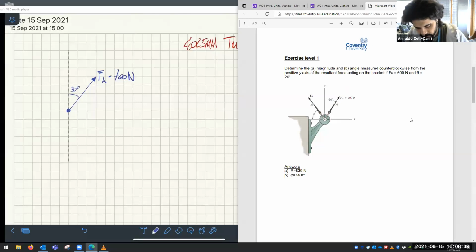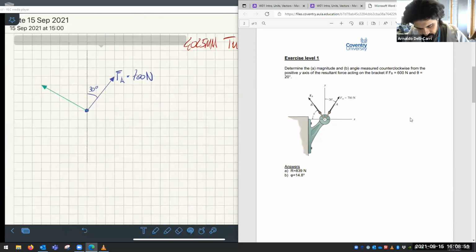And we have another vector, which is FB, so this one, which is 600 newtons, angled at 20 degrees from this axis, though.